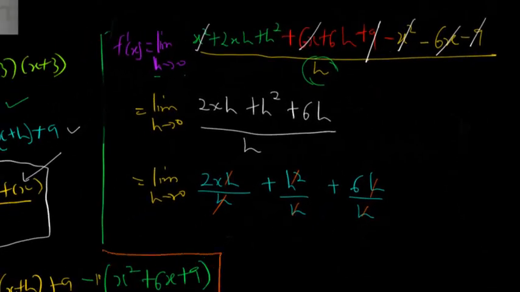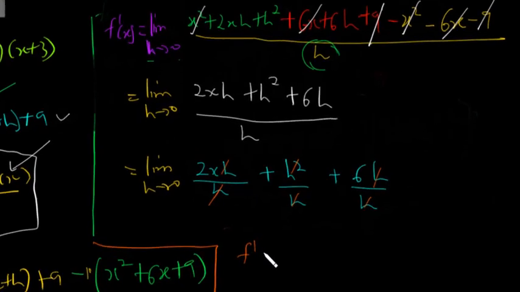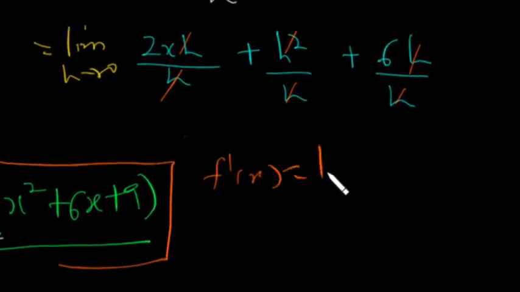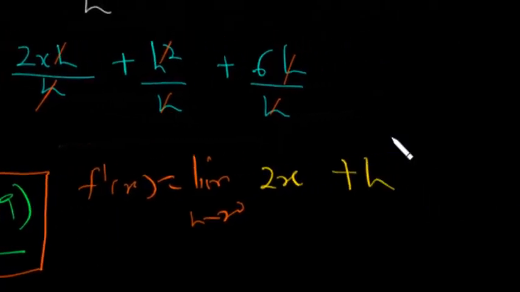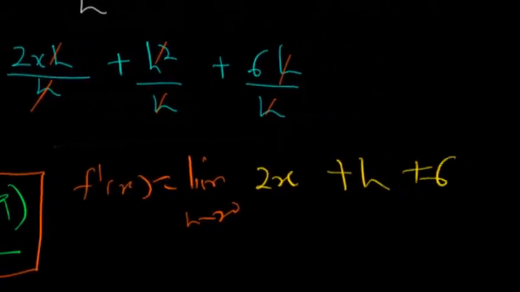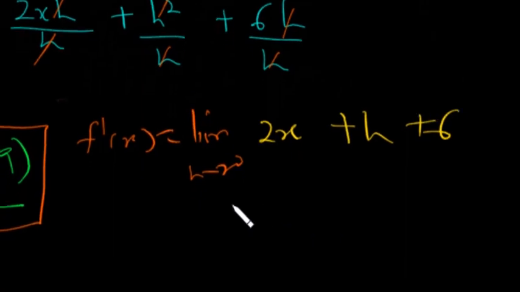So in effect, we will have f prime of x equal to the limit as h goes to 0 of, here we'll be left with 2x, and here we have h left, and here there will be 6. So now we can find the limit because we don't have a denominator that will make the function undefined.